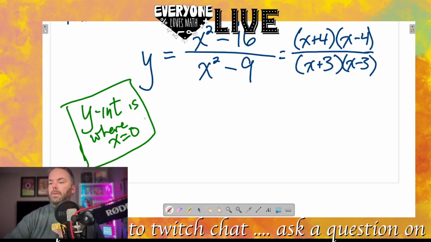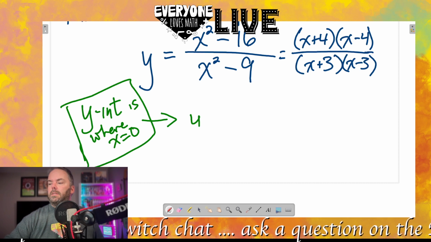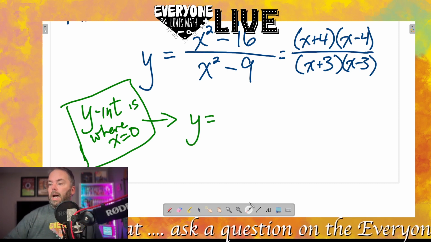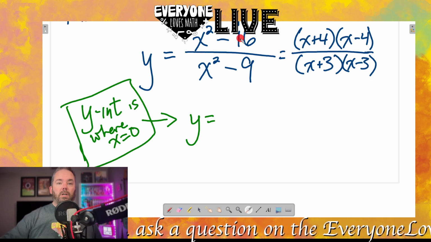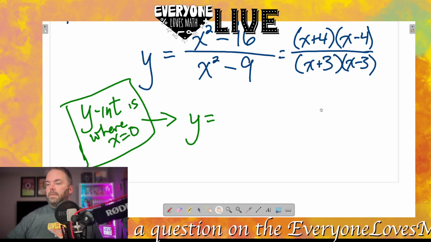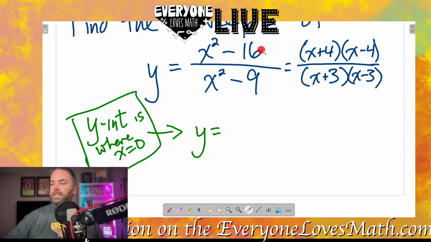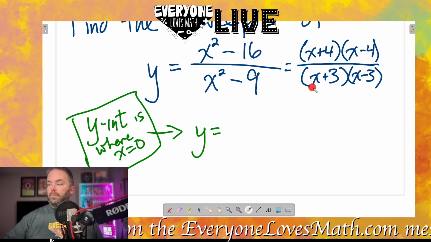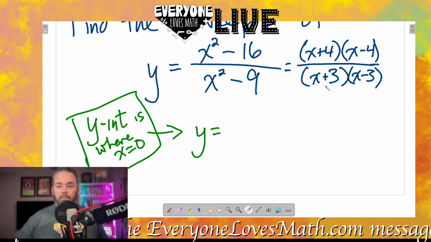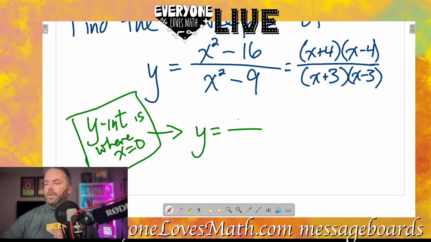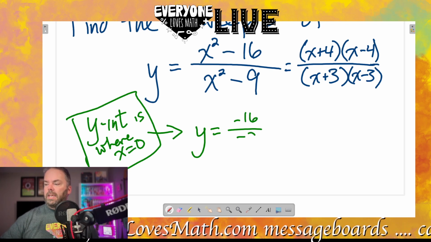So in this problem, if we're going to find the y-intercept, then I'm just going to put 0 in for x. I could put 0 into this function, the x squared minus 16 one, I could put 0 in for x here, or I could put 0 in for x here. I'll just do it in this first one, because we would have negative 16 over negative 9.